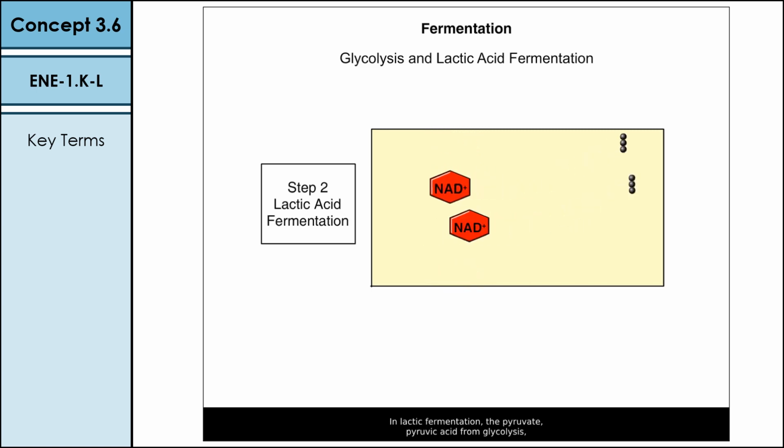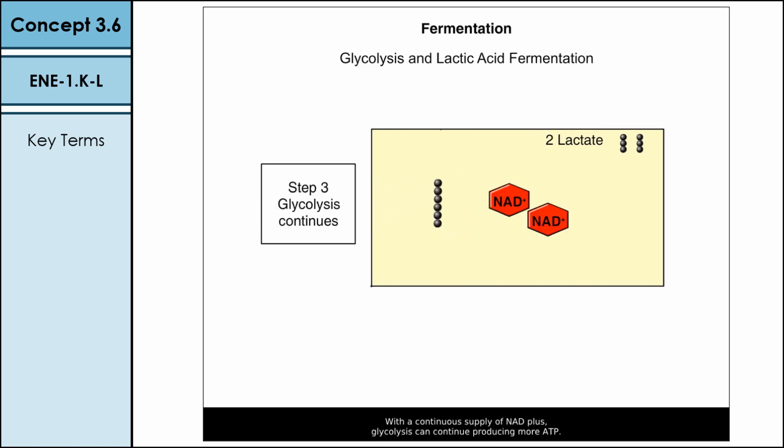In lactic acid fermentation, the pyruvic acid from glycolysis is reduced to lactic acid by NADH. With the formation of lactic acid, NADH is oxidized and becomes NAD+. With a continuous supply of NAD+, glycolysis can continue producing more ATP.